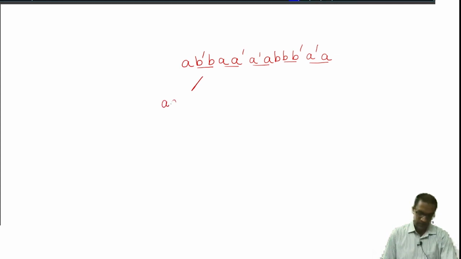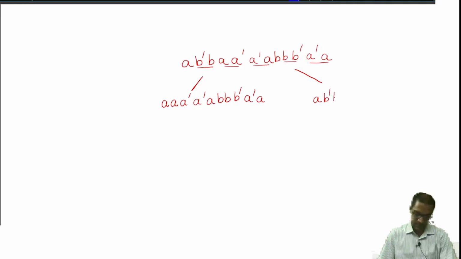So this then becomes A prime A, B prime, A prime A. Or if instead of the first pair I choose to collapse the last pair, A prime A, then that's like A B prime B, A prime, A prime A, B prime.